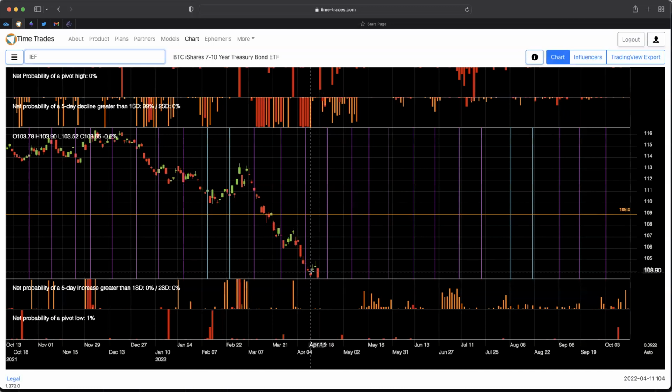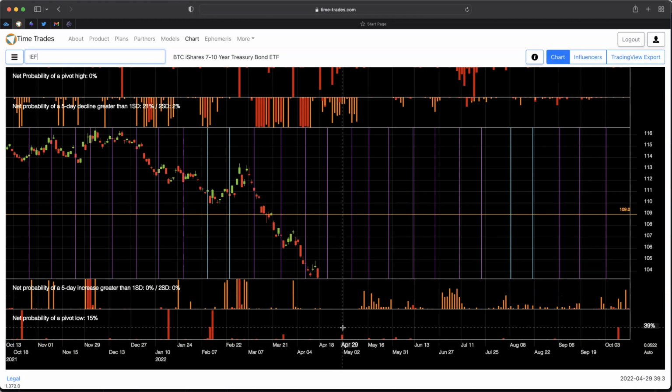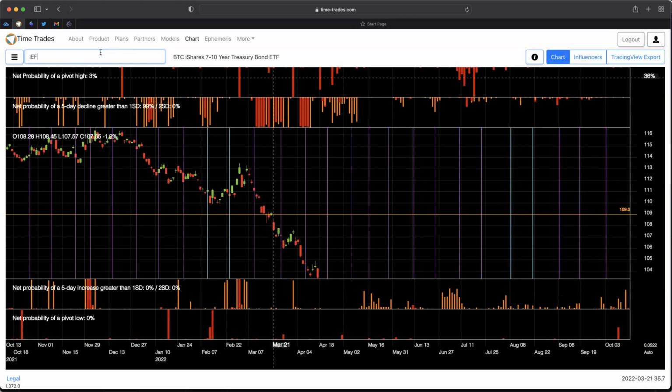There may be a few little brief breaks like what we had this week, but I'm not anticipating much, if anything, in terms of relief until we get to this low probability pivot low on April 29th. It's about a 15% probability. And we also see a little gap in the down pressure here.